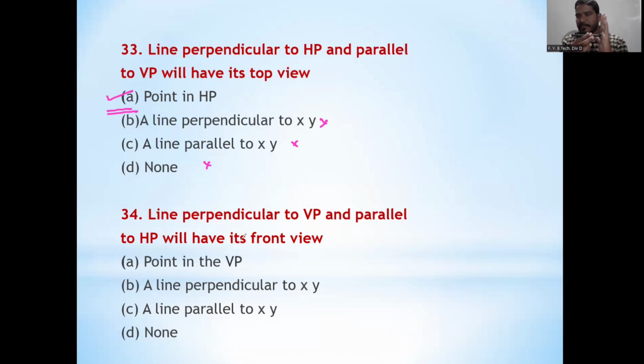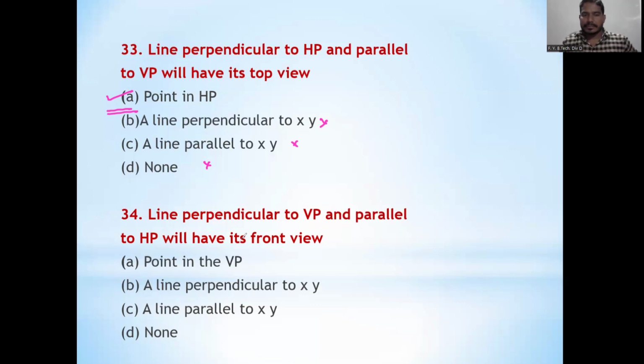They have asked, so we will check out. So this is the line perpendicular to the VP, and this is parallel to the HP. This will be observed from this side, from the front side. So what will we be able to see there? We'll see a point, because it will be seen from this side, so you will get a point.